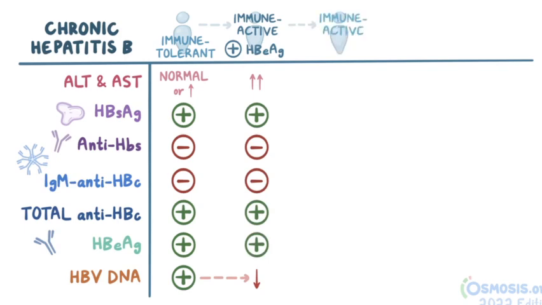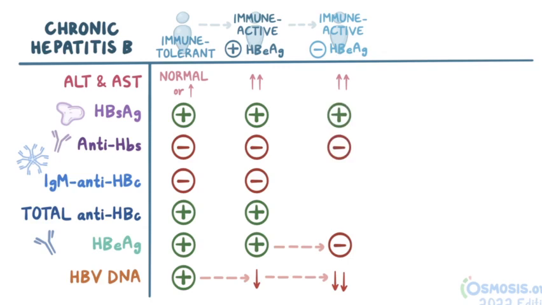Next, there's the immune active phase with negative hepatitis B e antigen, which is when the ALT and AST remain elevated, but the HBV DNA levels fall even lower, and the hepatitis B e antigen becomes negative, meaning that the individual is less infectious. In other ways, the labs are the same. Hepatitis B surface antigen is positive, anti-HBs is negative, IgM anti-HBc is negative, and total anti-HBc remains positive.